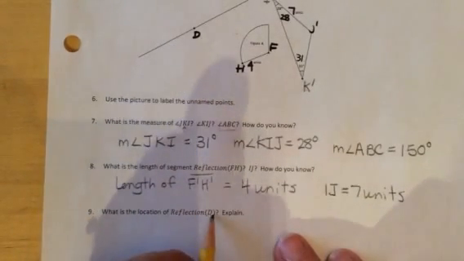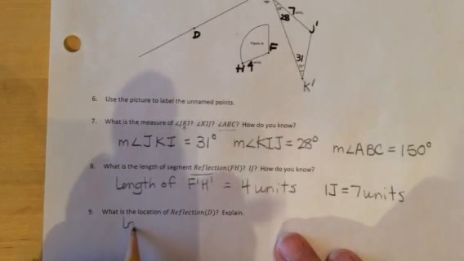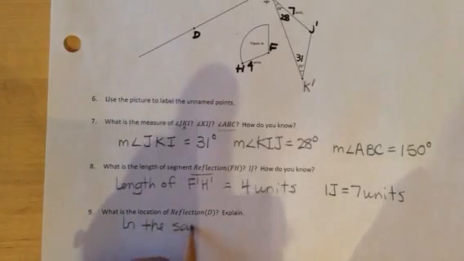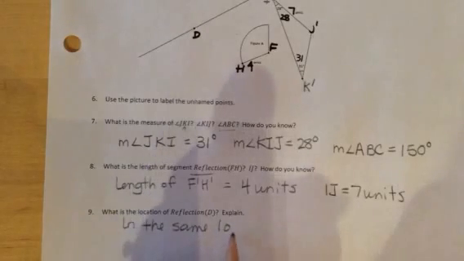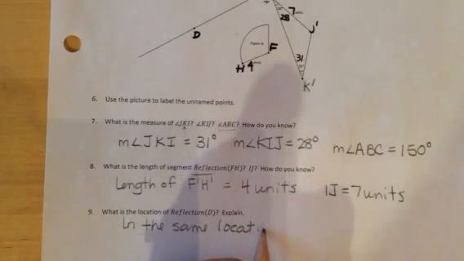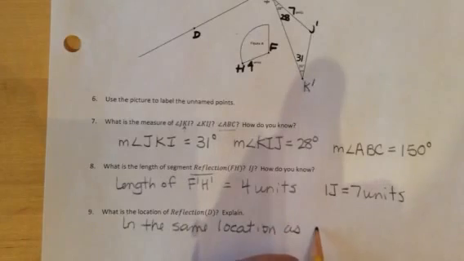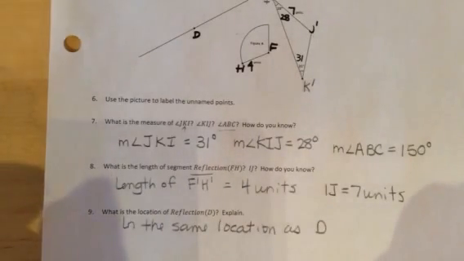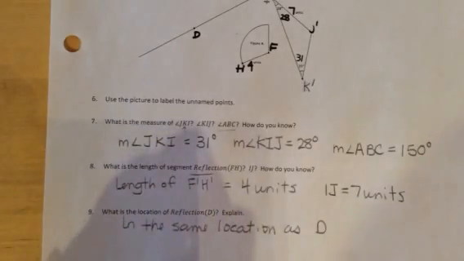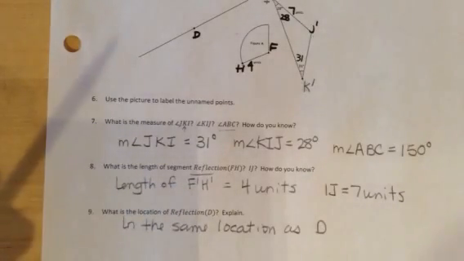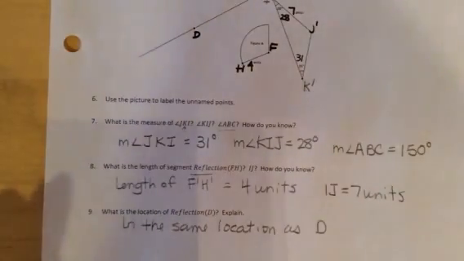It is in the same location as point D. And the reason for that is because any point on the line of reflection, its image is going to be the same as the original location. Those points don't move. Okay, so you can explain that in your own words there.